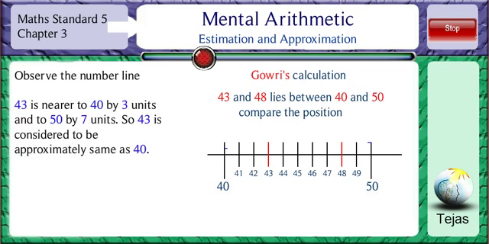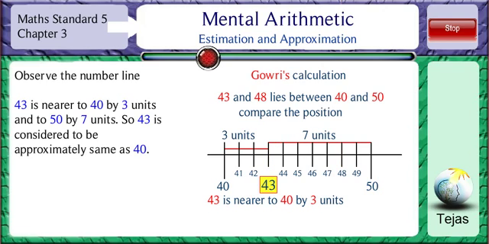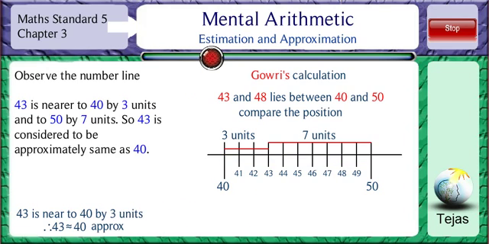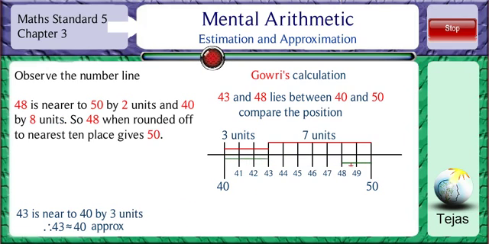Observe the number line. 43 is nearer to 40 by 3 units and to 50 by 7 units. So 43 is closer to 40 than 50, and so 43 is considered to be approximately the same as 40. 48 is nearer to 50 by 2 units and to 40 by 8 units.